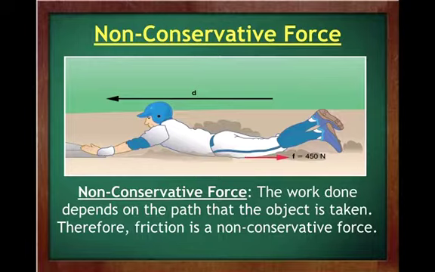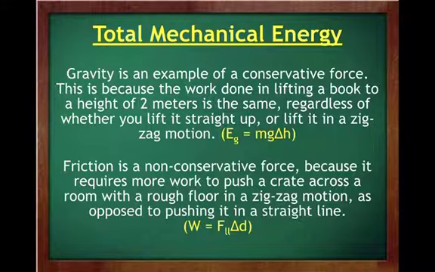Friction, for example, is a non-conservative force. In the last example, pushing something along a straight line versus pushing something in a zigzag pattern, the force of friction will obviously be more. You'll encounter more friction if you keep changing directions back and forth versus doing it in a straight line. Gravity is a good example of a conservative force.